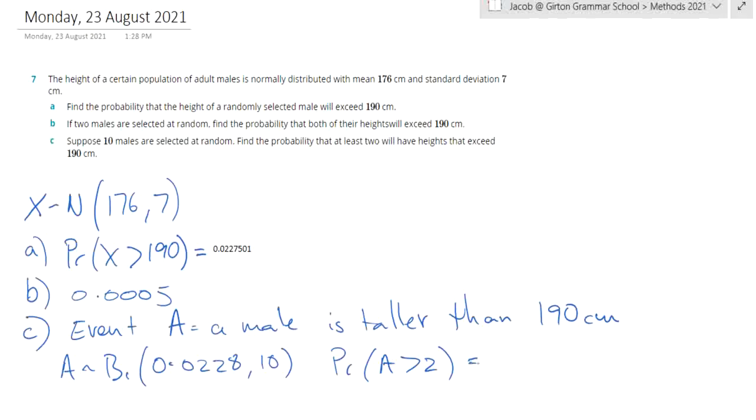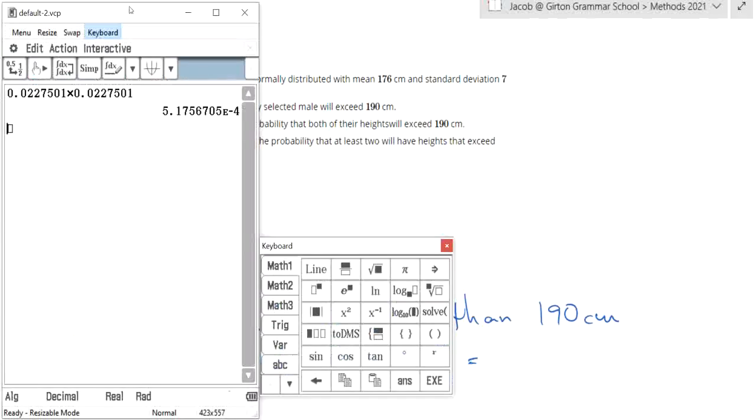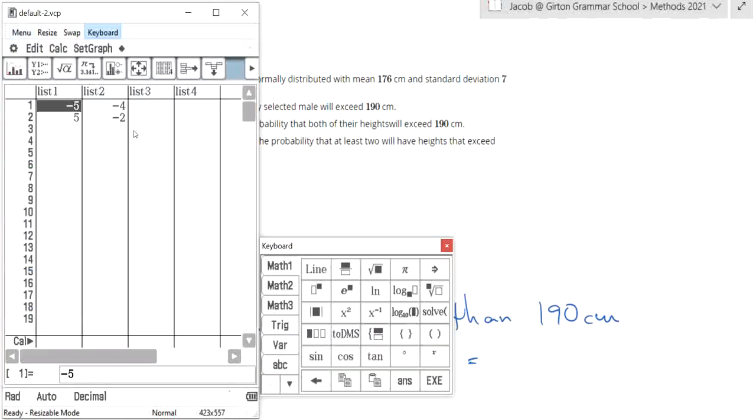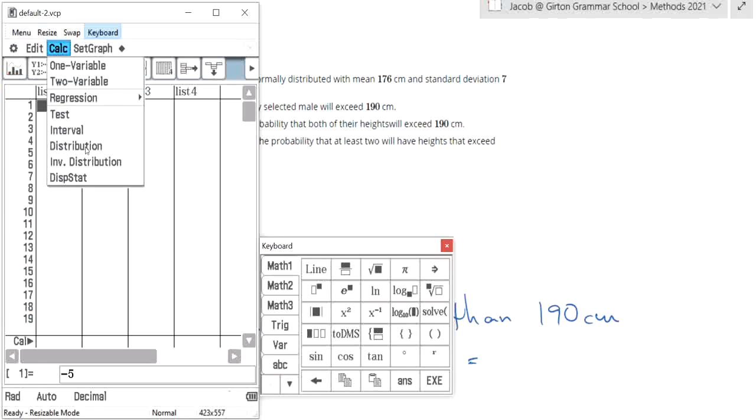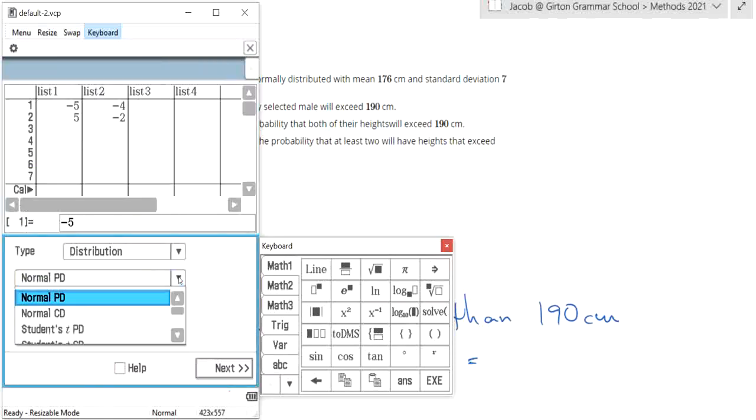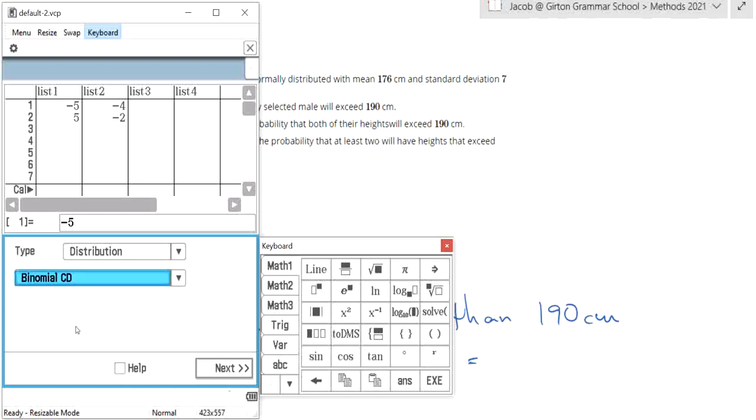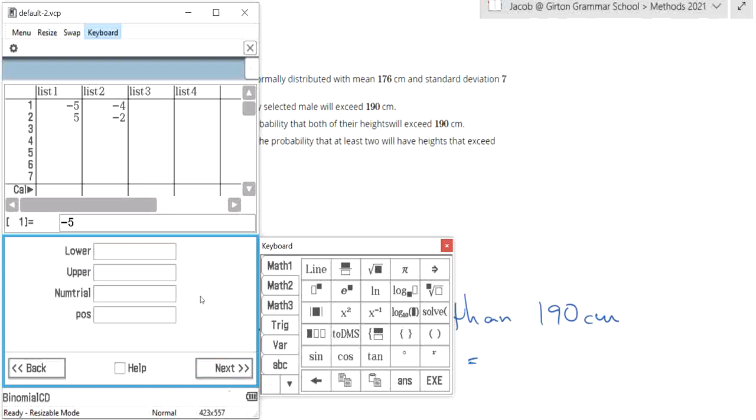And so I'm just going to do that on the calculator. I am doing a binomial CD.